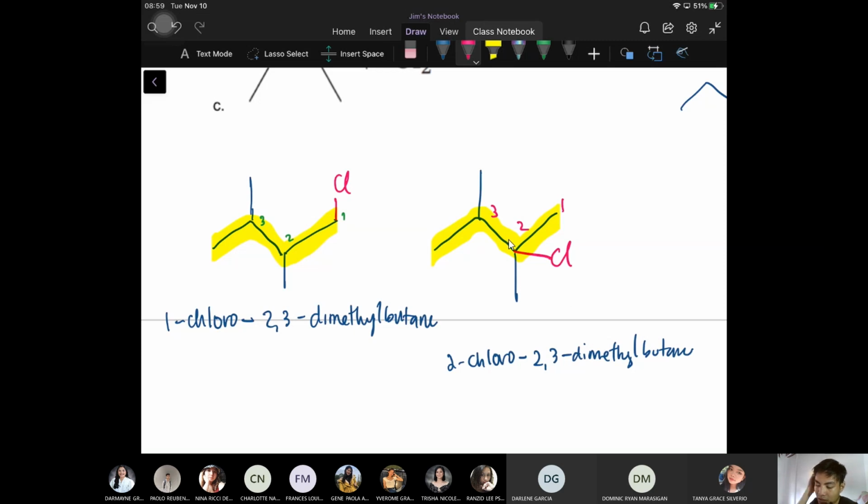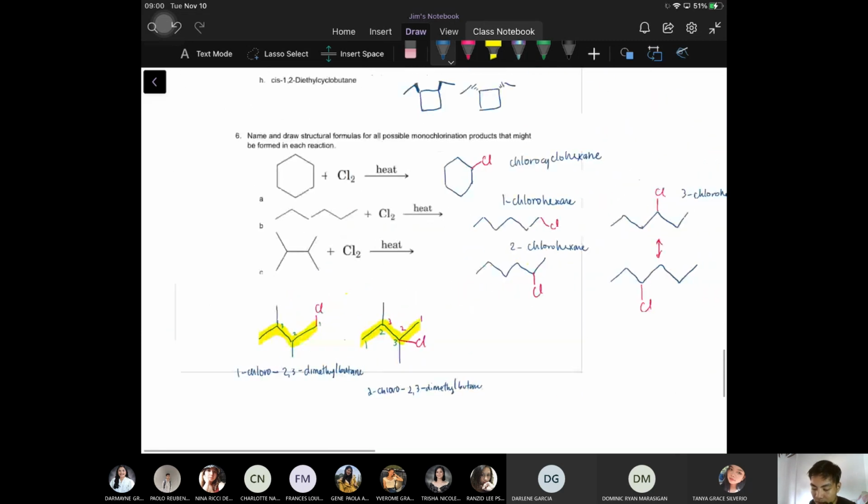Pero ang mangyayari, kapag left to right, ang combination natin ay 2, 3, 3. Kapag right to left, 2, 2, 3. So, ano yung better? 2, 3, 3 or 2, 2, 3? No? Lowest yung combination niya. So, yun yung pipiliin nating name. So, ganun lang yung sa alkanes. No? So, ganun lang kasimple siya.